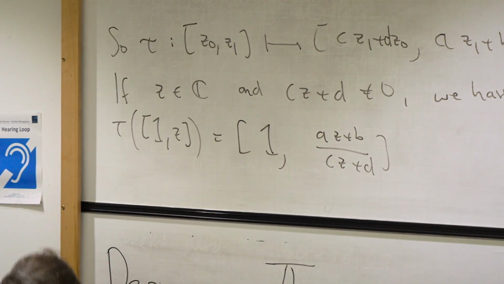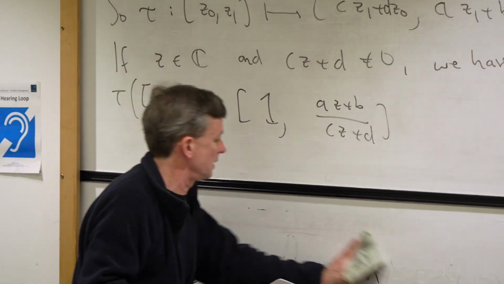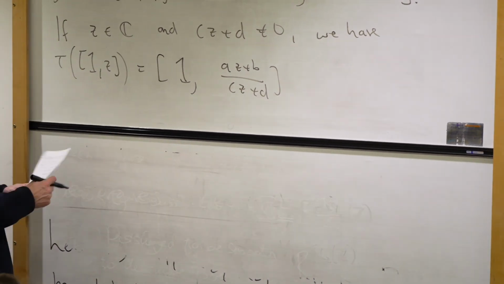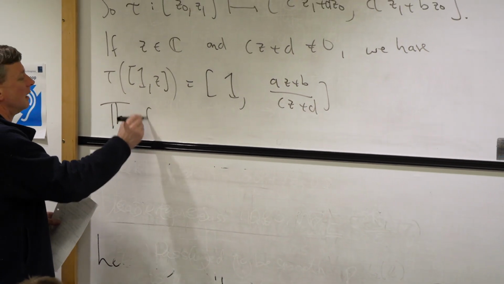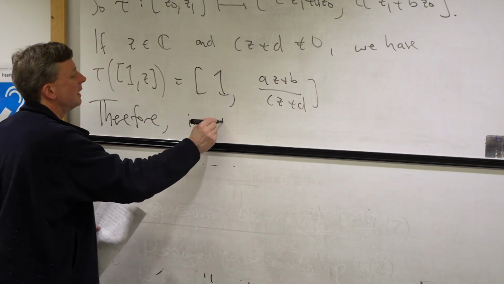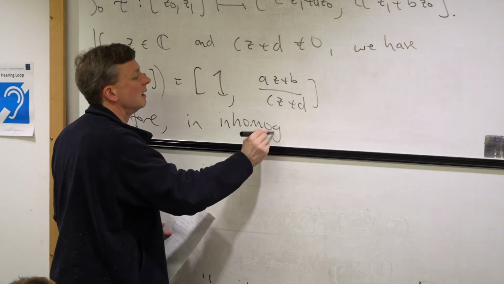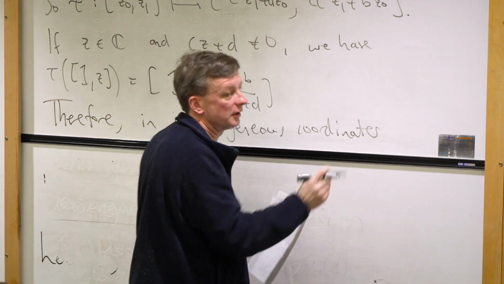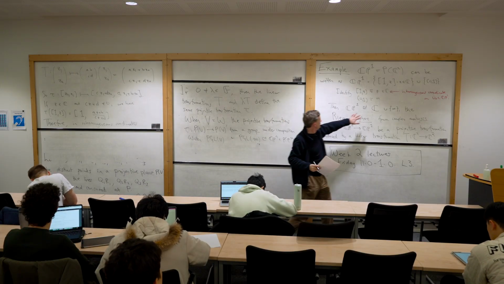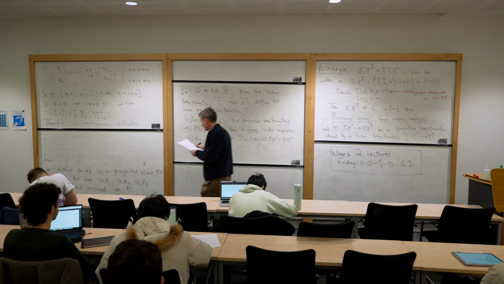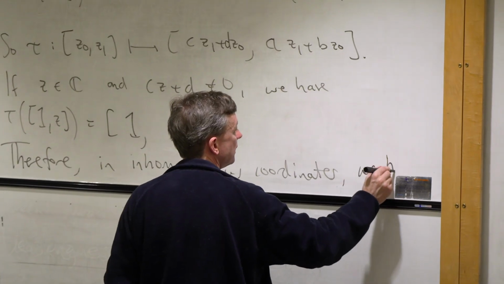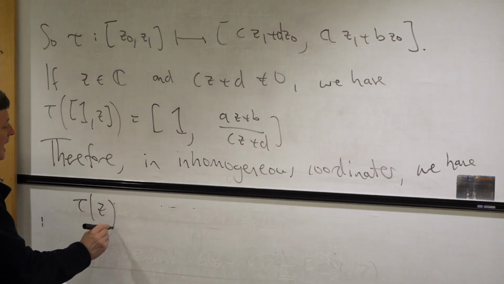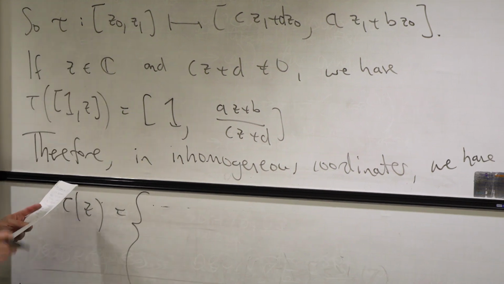Okay, so therefore, in the inhomogeneous coordinates, in other words, the C together with infinity representation, we have that tau of z is, well, there's three possibilities.